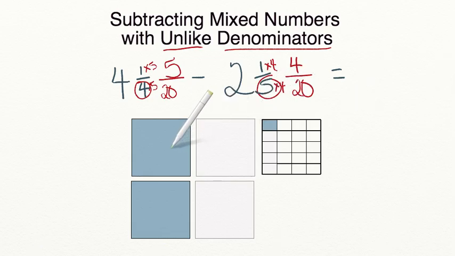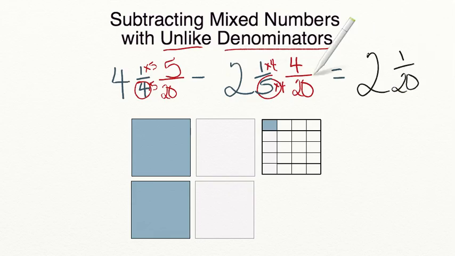We have 2 wholes and 1/20th left over. Now, if we were to just look at our numbers, we would first subtract our fractions, 5/20ths minus 4/20ths. 5 minus 4 equals 1/20th. And then we would subtract our wholes. 4 minus 2 equals 2.